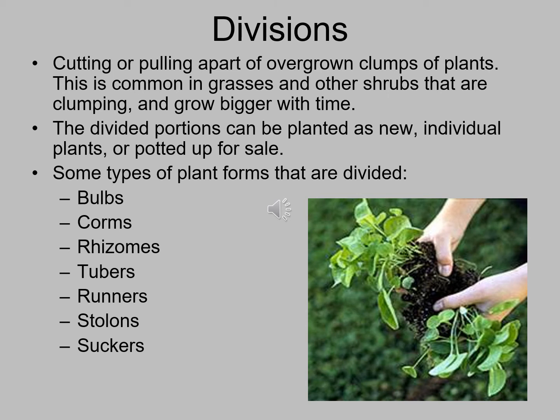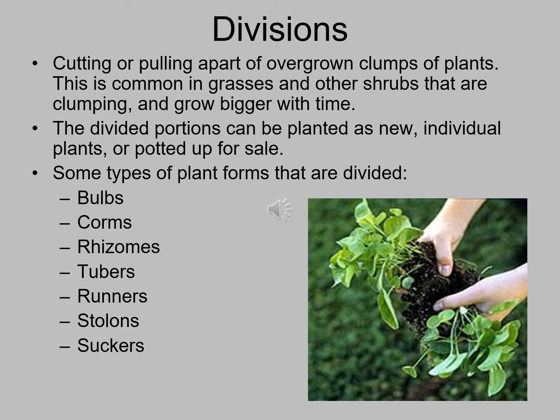If you're a propagator at a nursery, then some plants are very easily propagated using divisions. Some of the plant forms or organs that plants have that lend themselves to divisions are plants that produce bulbs, corms, which are very much like bulbs, rhizomes, they're underground stems like an iris or ginger, tubers, runners.